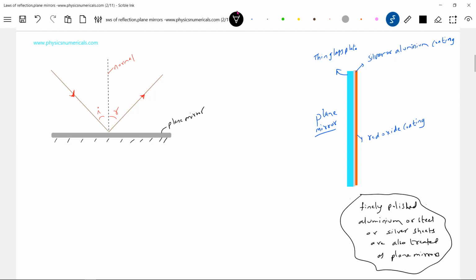Now I'll drop a normal. This surface will be available for reflection. This is unsilvered. This is silvered. So when you take the plane mirror, usually it's a bit thin. In the diagram, to show all the things, I'm showing it a little bit thick.